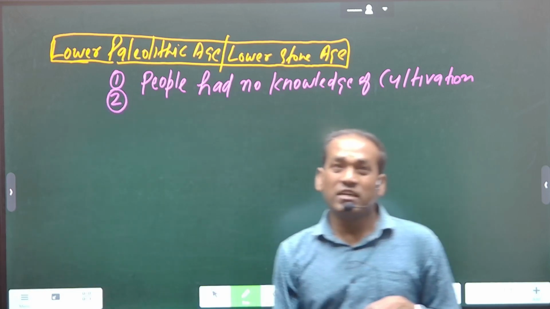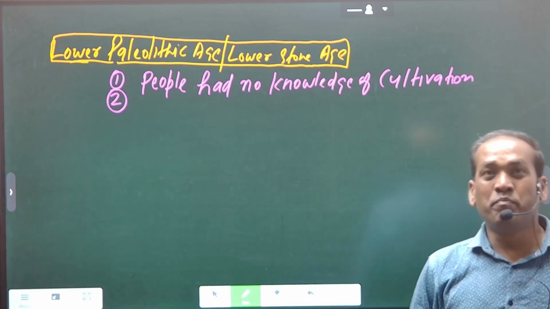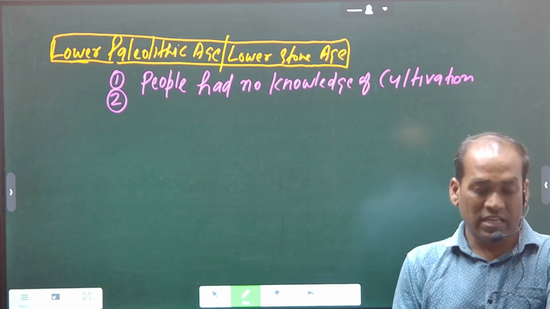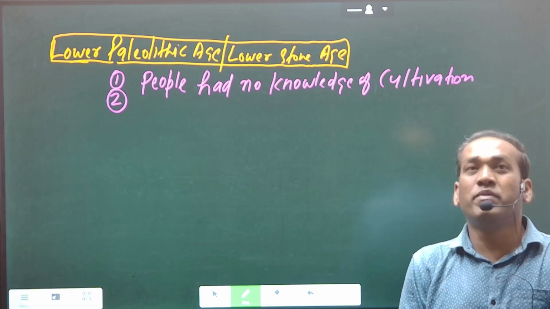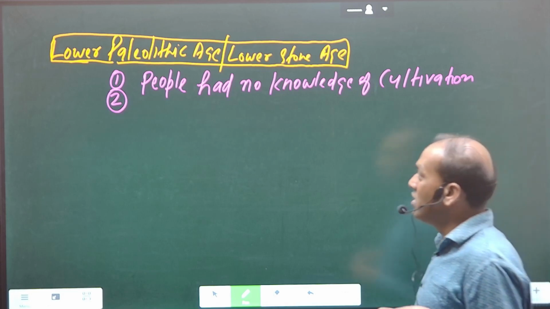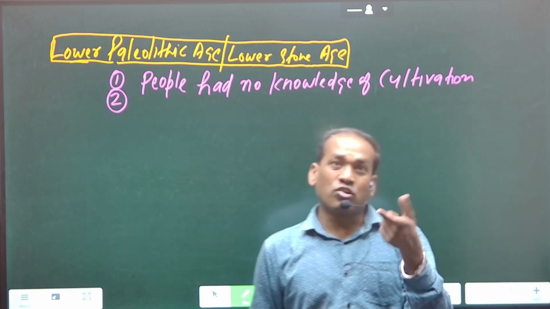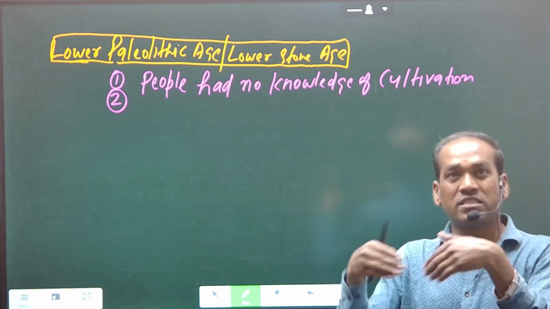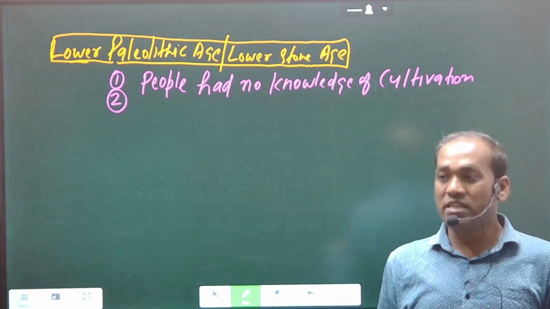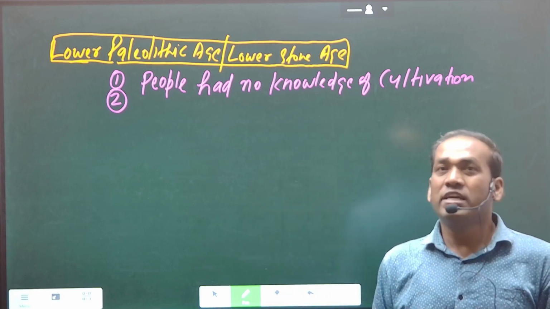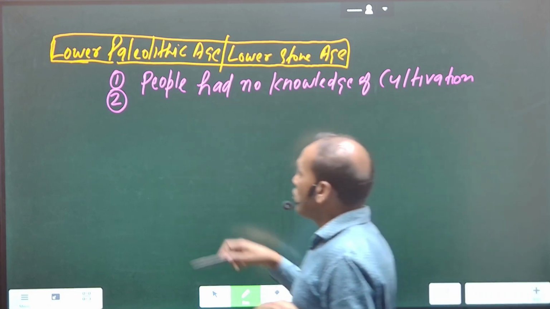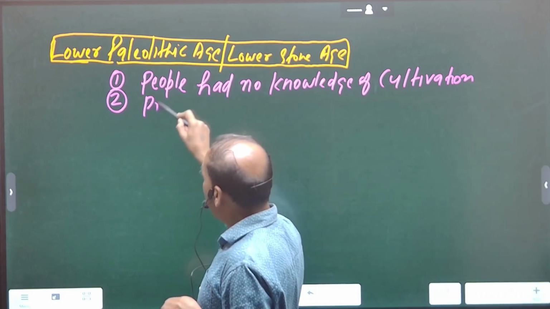Second is where the people used to live. In lower Paleolithic age, at what place the people used to live. So people used to live in rock shelters and caves. Okay, in rock shelters and caves, people, the early man, the primitive man, used to reside in rock shelters and caves.